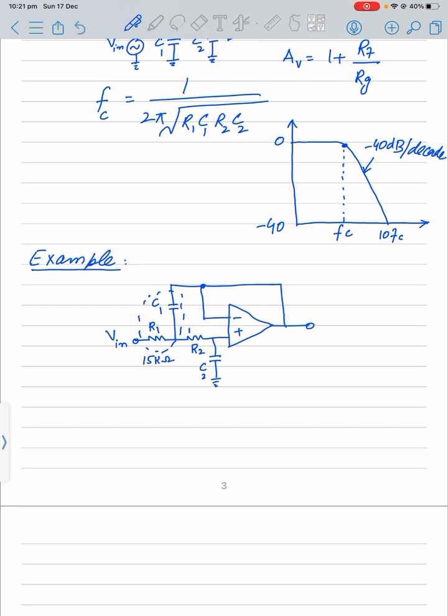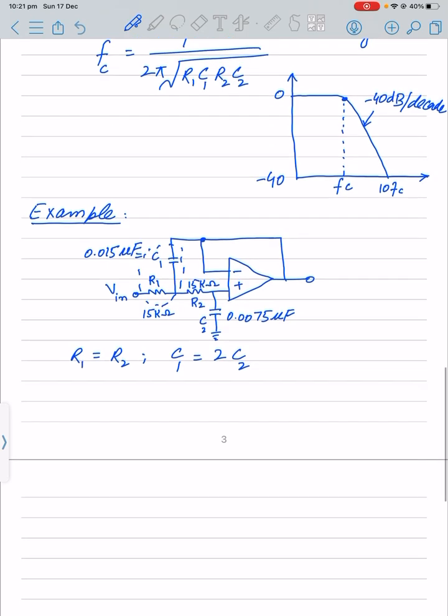This one is also 15 kilo ohms, and C1 is equal to 0.015 microfarads, and this one is a 0.0075 microfarad. So from here the condition is that R1 is equal to R2 and C1 is equal to 2 times of the C2.